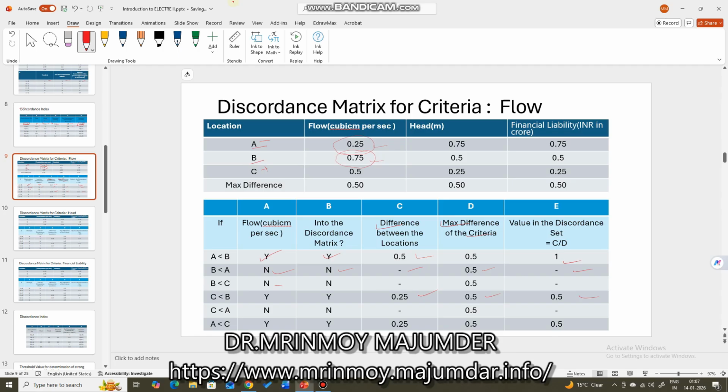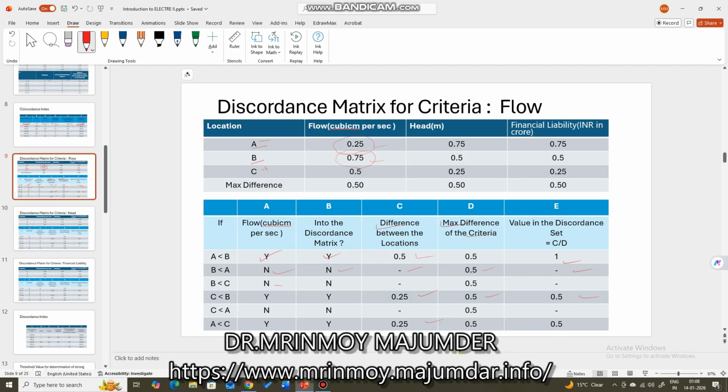Next, A is less than C, so it is the same thing. You need to calculate the difference between the locations for flow. A minus C is 0.25. The maximum difference for a criteria is always a single value, so for this criteria it is 0.5.